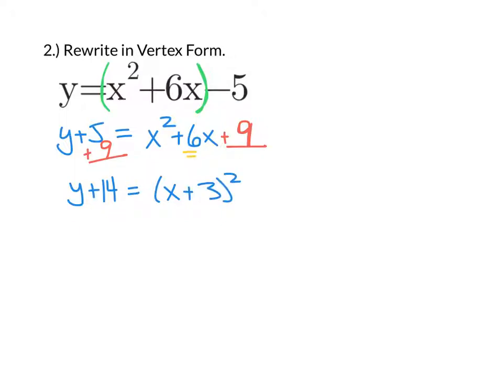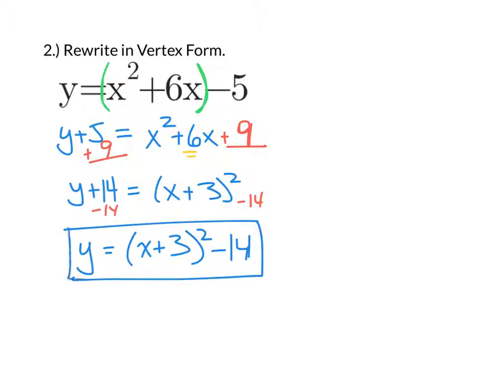So to finish it off, I'm just going to get y alone, and y will equal (x plus 3) squared, and to get y alone, I'll have to subtract that 14. So minus 14 at the end. Now the equation is written in vertex form.